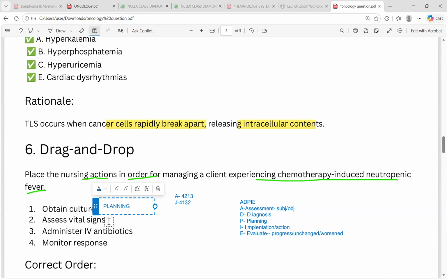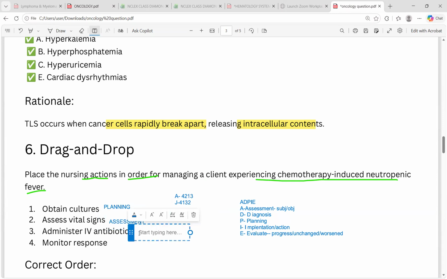And assess vital signs, that is assessment. And administer antibiotics, that is action, implementation. Monitor response, evaluation.